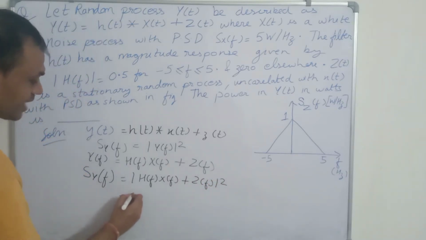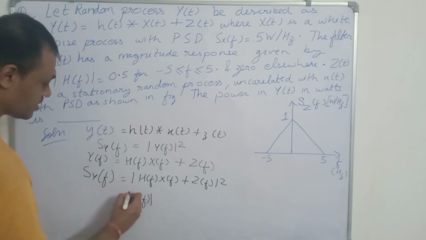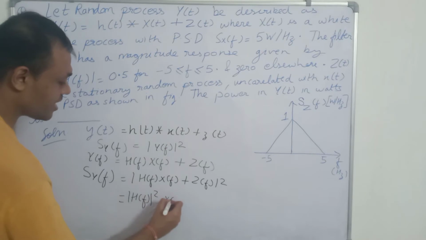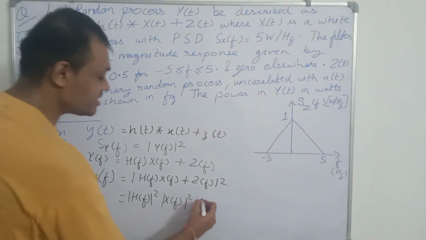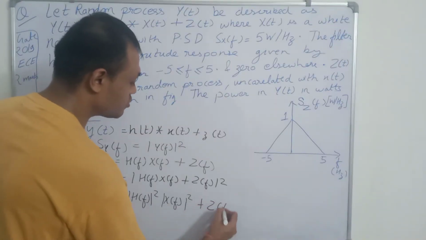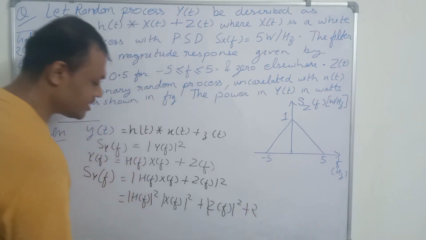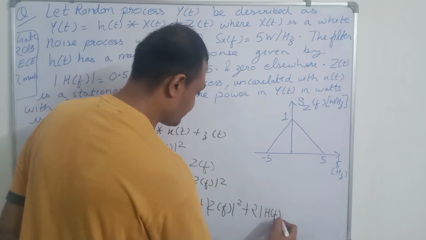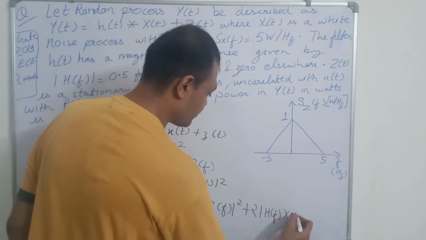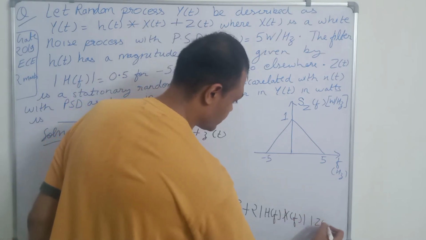So this will be equal to h of f square, x of f square, because it is a plus b whole square, so a square plus b square plus 2ab. So plus 2 into h of f, x of f and z of f.